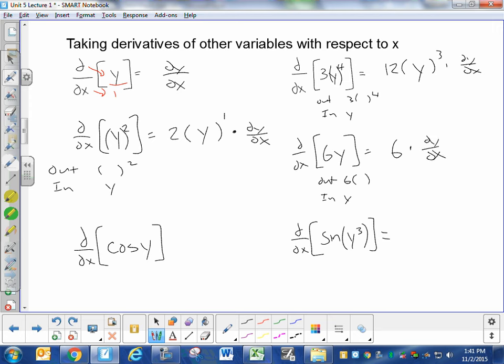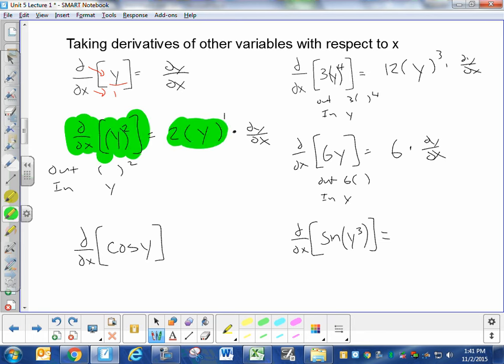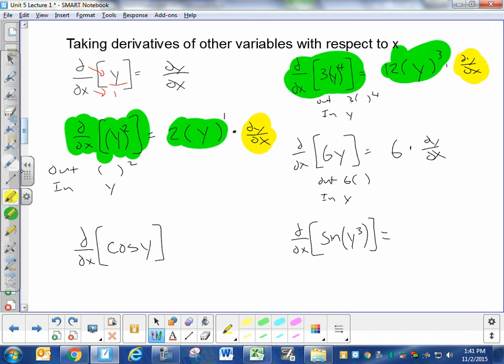Okay? So let's look at this. Derivative of y squared, 2y, and then a dy dx. The derivative of 3y to the 4th, 12y cubed, and a dy dx. The derivative of 6y is 6, and a dy dx.